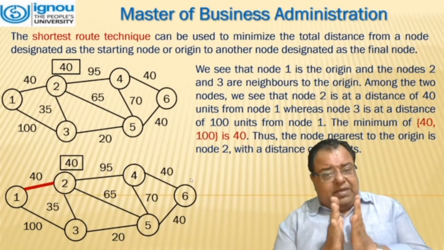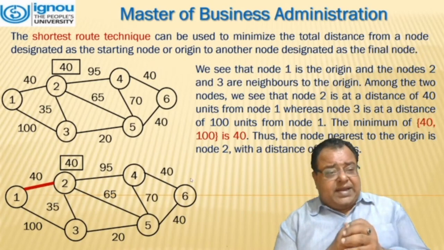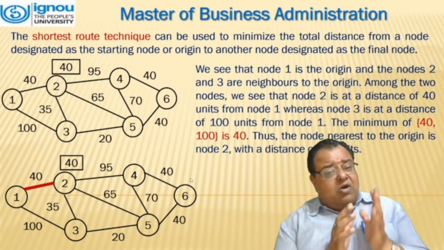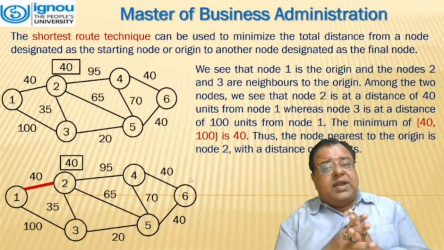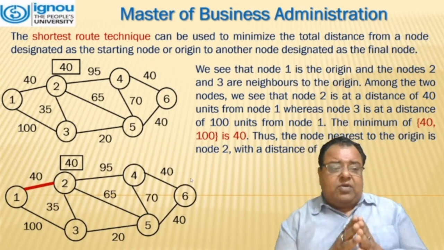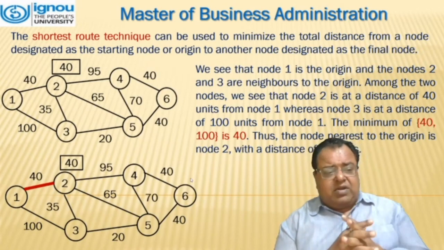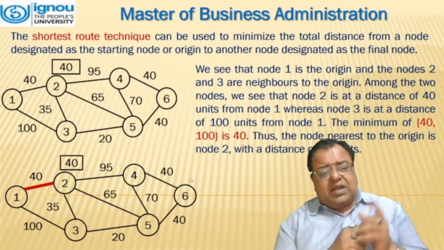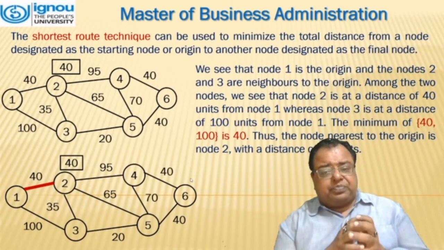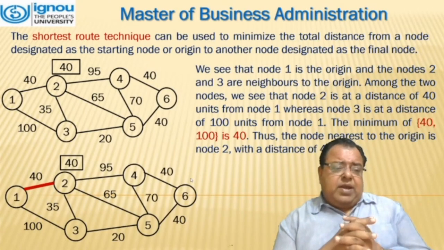This is used to minimize the total distance from the node designated as the starting node, or the origin, to another node designated as the final node. If we take the extreme left corner of your screen, we see that there is 1 to 2 and 1 to 3. Now, there is a number written on the arrow.